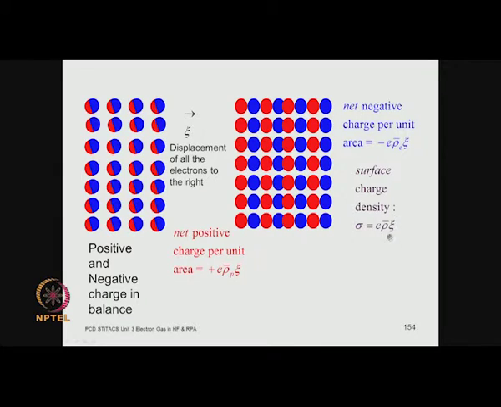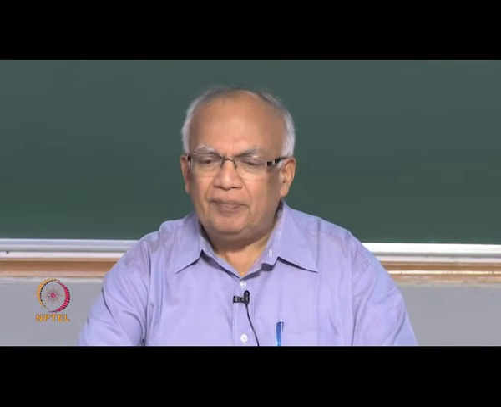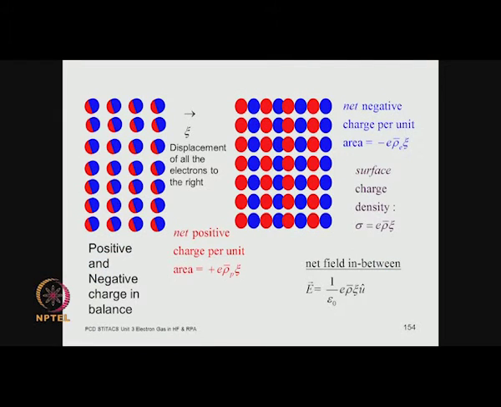I am using rho bar to represent the average charge density, because we are going to very soon introduce density fluctuations. So, I am using the symbol rho bar to represent this charge density, and the net electric field will be the surface charge density divided by epsilon 0.